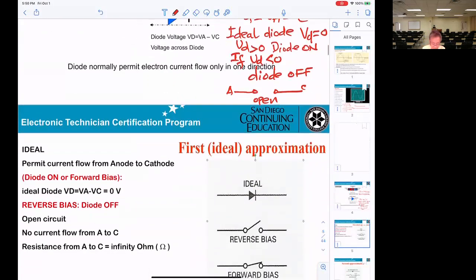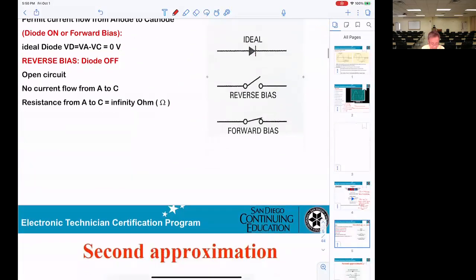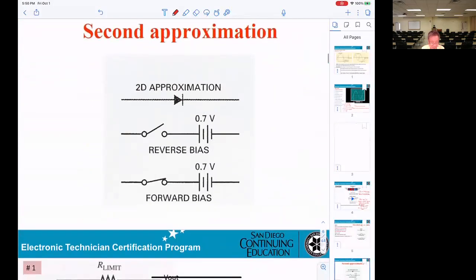Okay. So that is also telling you what happens if they connect, or they reverse bias. And what happens is telling you they can be on and they can be off, like a switch. They can open or close.